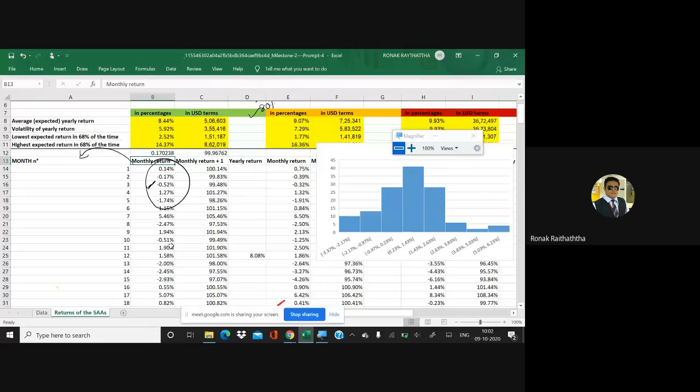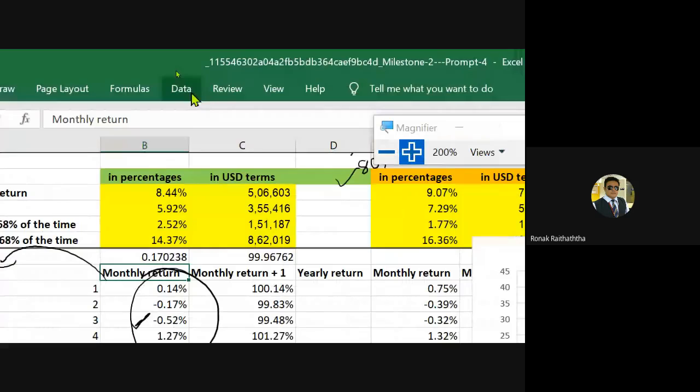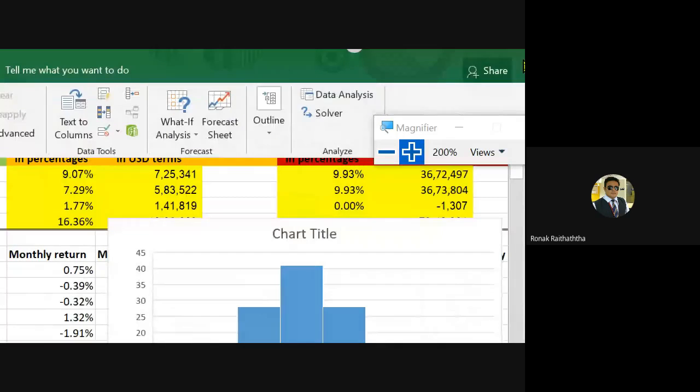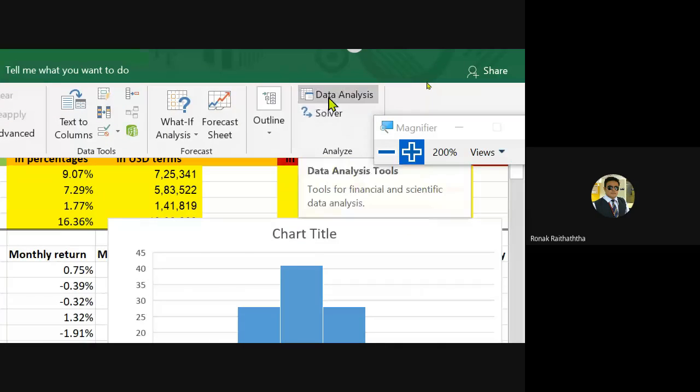How can we do that? Everyone should be able to see in the data tab one function called data analysis. If you are not able to see the data analysis over there, please let me know. We'll have to add the add-in over here.